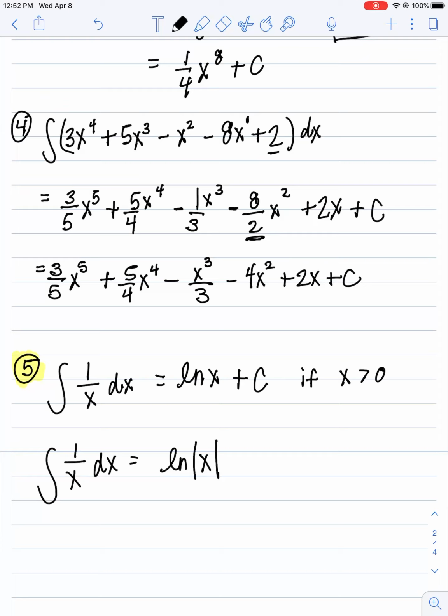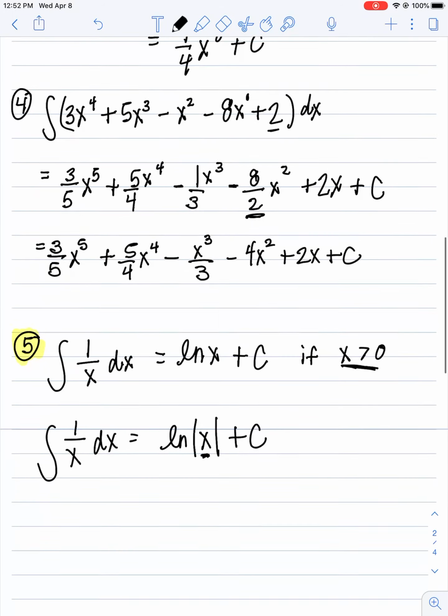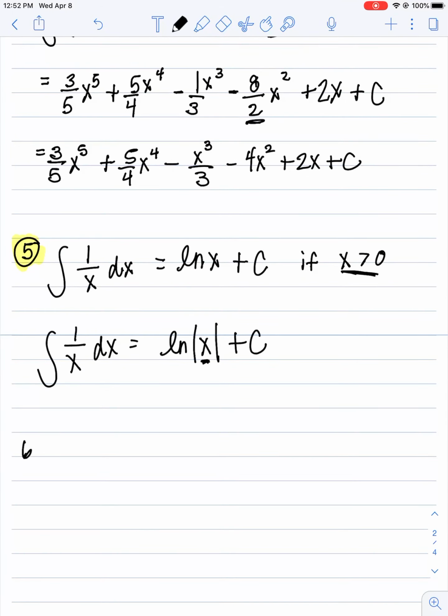However, the antiderivative of 1 over x with respect to x equals the natural log of the absolute value of x plus c if it doesn't give you that x has to be greater than 0. Because, guys, if it doesn't tell you x is greater than 0, x could technically be negative, and we can't let x be negative because if x is negative, we can't take the natural log of it. That's why we have to throw absolute value bars around that, okay?